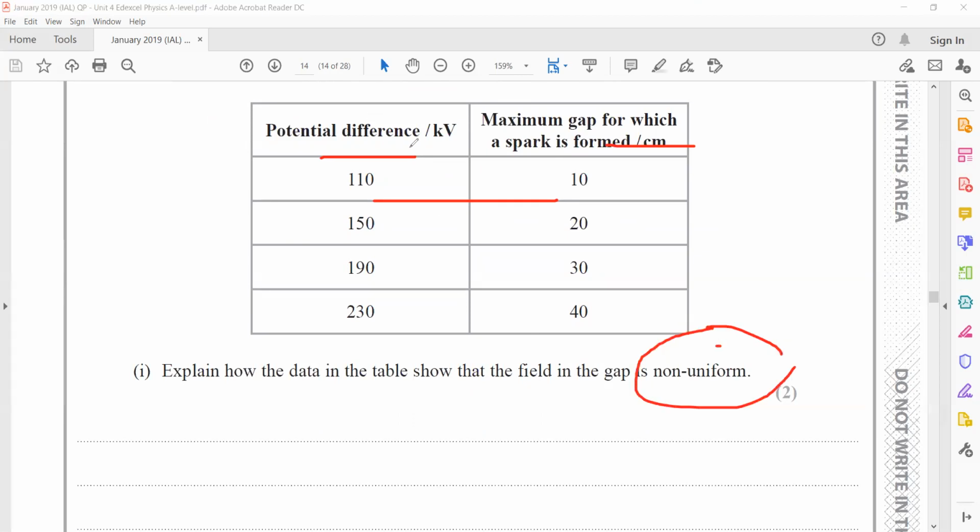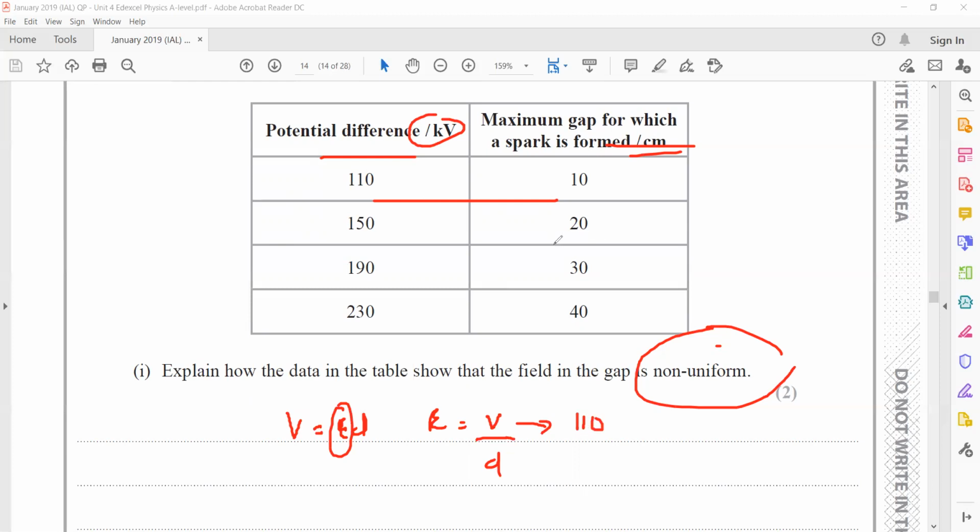You have the voltage, 110 kilovolts, and you have the gap in centimeters. So I can find the electric field. What is the formula to calculate electric field? V equals ED. So the electric field is voltage divided by the distance, or gap between the plates. I will take the ratio 110 over the first gap.